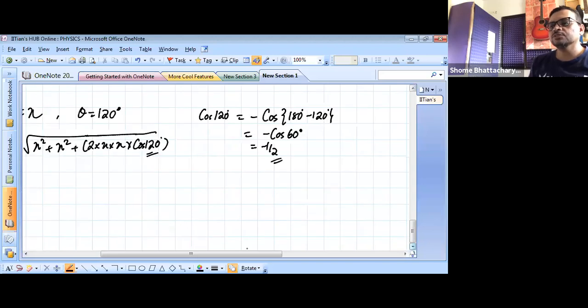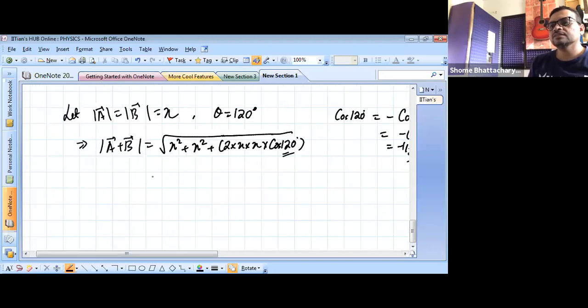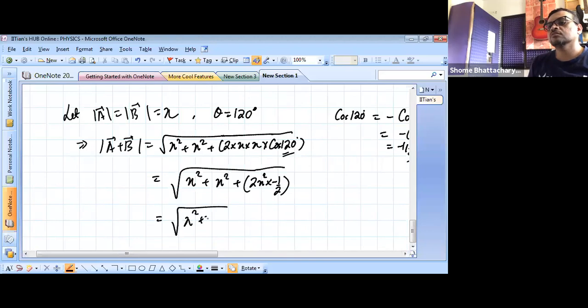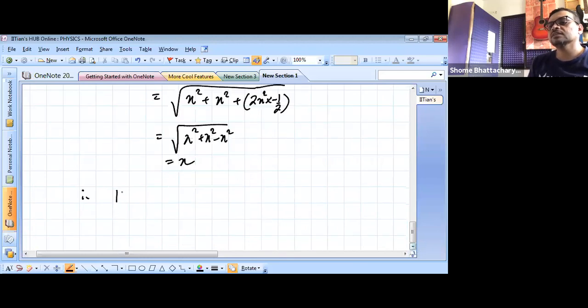And doing that substitution, now you can see we'll get this as root of x square plus x square plus 2x square into minus half. So that will be minus x square. So that will simply become x. So you can see that therefore ultimately what we are getting is that mod of A plus B is the same thing as mod A, is the same thing as mod B, which is equal to x. That's what we are saying. Okay.